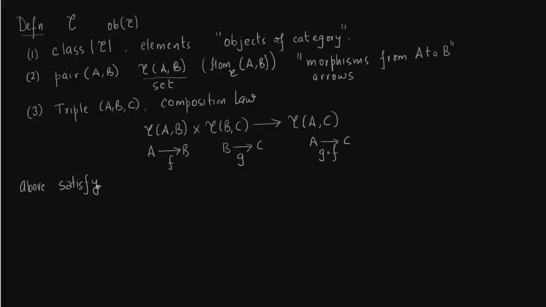So the first is the associativity axiom. Again we are given arrows H, G and F. So this is associative. This is the same as what we have written between G and F. So diagrammatically this is how it looks.